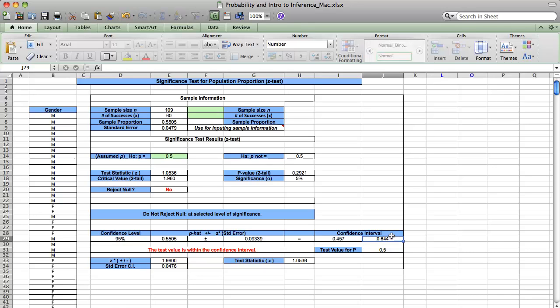We could see that our estimate for P includes the value 0.5. This will always happen. If we fail to reject the null hypothesis at the 5% level of significance, alpha, 5%, our 95% confidence interval will always include our test value, here 0.5.